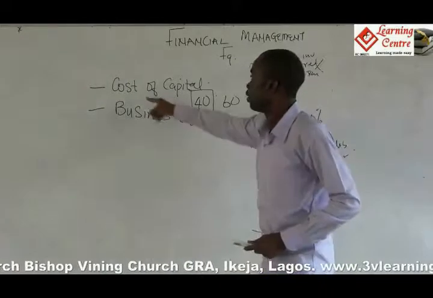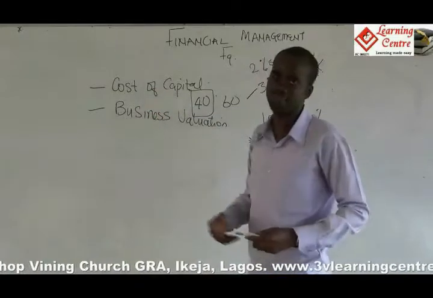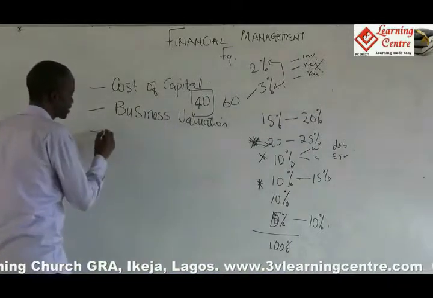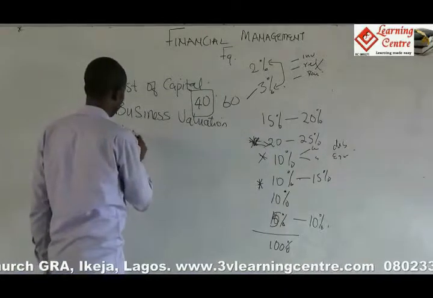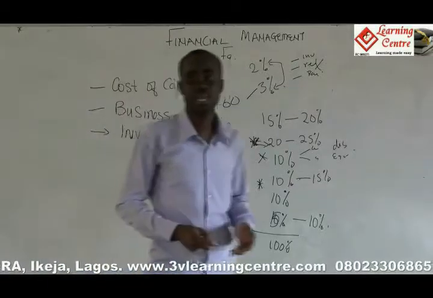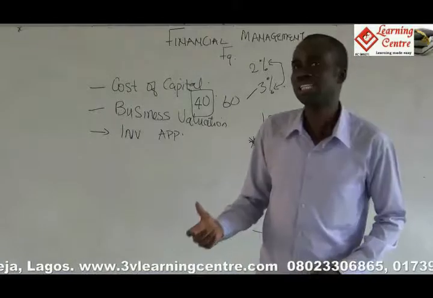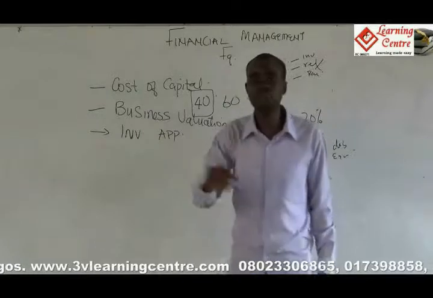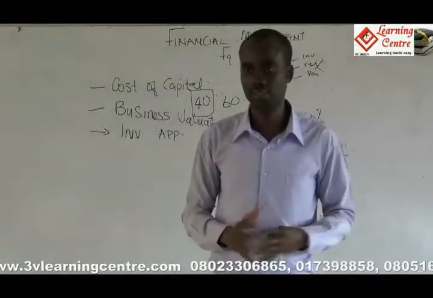Alright, now I said cost of capital, it leads us into your business valuation. Now, if you have this same understanding, then the next point of call is our investment appraisal. Now, why are we following this sequence? You want to appraise an investment, right? And you are saying you need a discounting factor under the discounted cash flow technique.